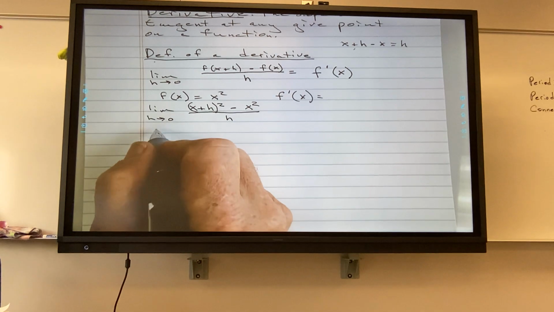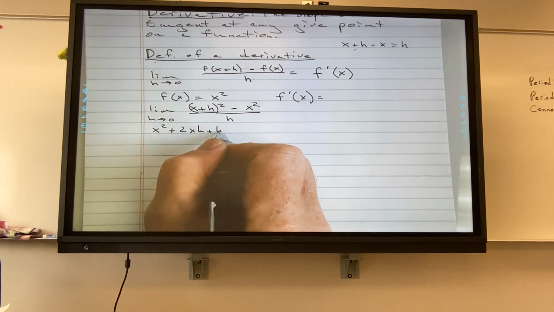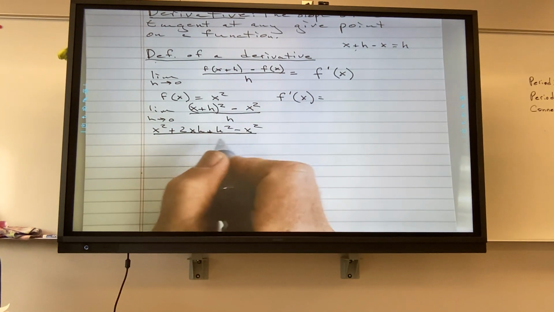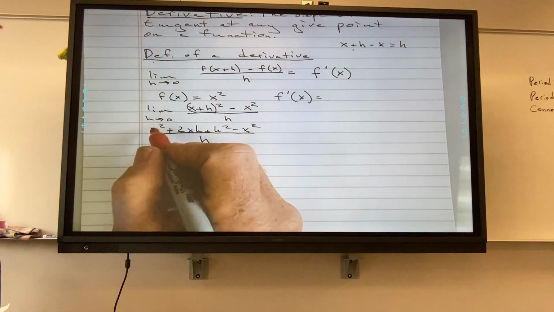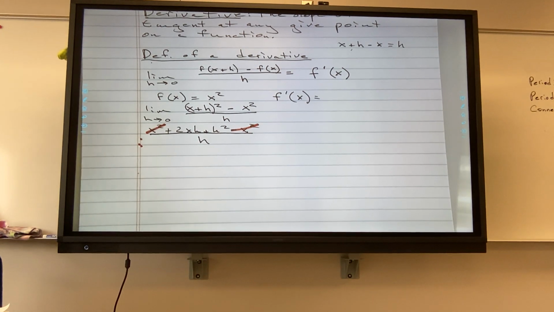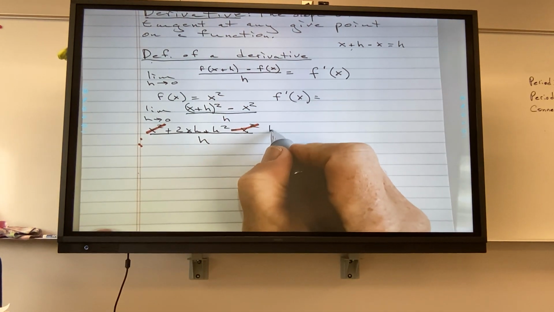So I'm going to do a little work. I can expand this. I can bring on my red pen. And then I can see I got 2 terms, and I don't want to be rushing through this. I have 2 terms that have h in them, so I could factor out an h.